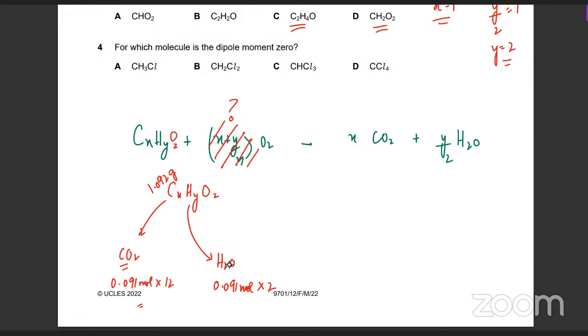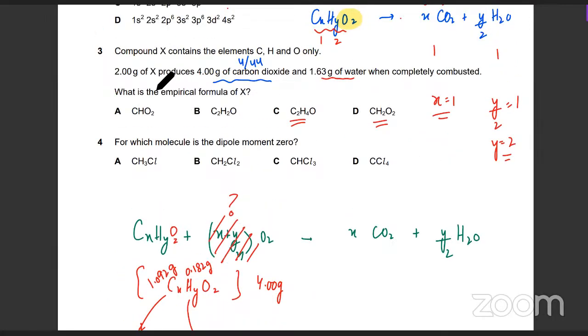So it's going to be 0.182 for hydrogen. And then he told us that the whole thing has a mass of, I think, 4 grams. He did mention that the whole thing had a mass of 2 grams, not 4 grams.